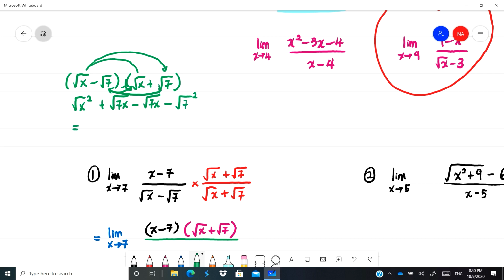So we are left with square root x squared minus square root 7 squared, which simplifies to x minus 7.